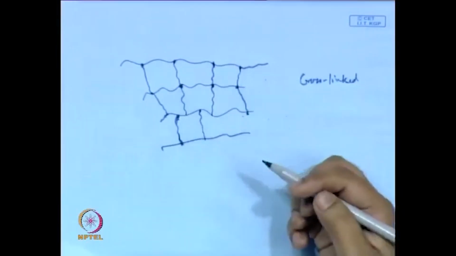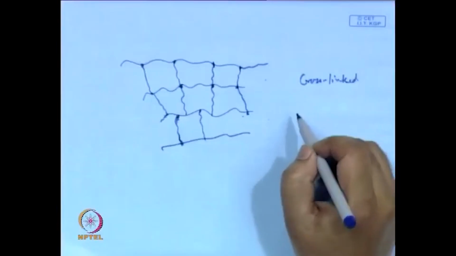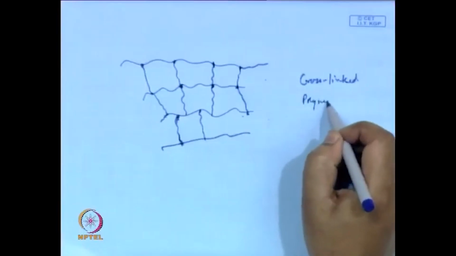If you move one chain, the entire network will come along with it, and this is called polymer network or network polymer.